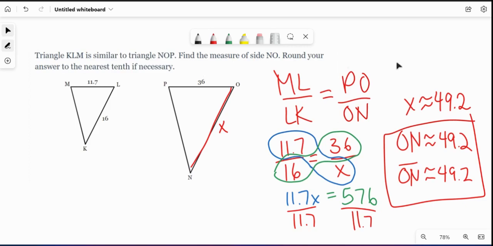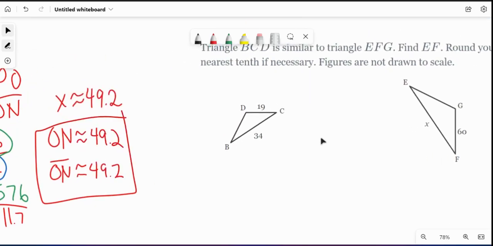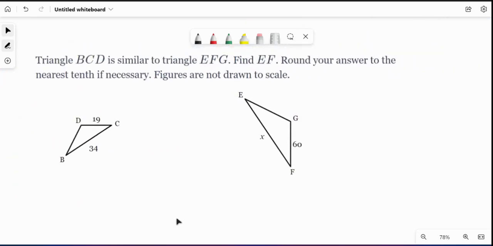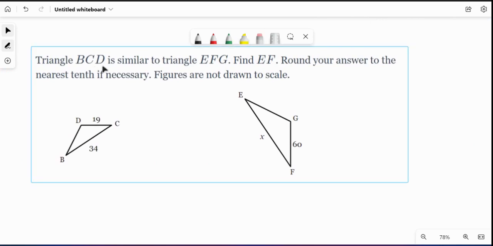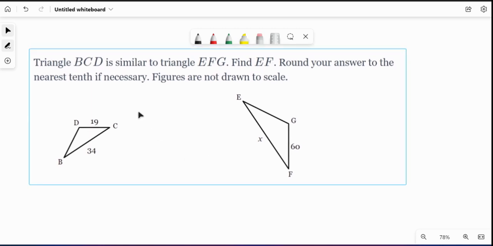All right, let's take a look at another. So we have triangle BCD is similar to triangle EFG. Find EF. Now this is a little tougher to see where they are similar at. And they also labeled this diagram for us. They wrote the X in. That's very nice of them. Round your answers to the nearest tenth if necessary.